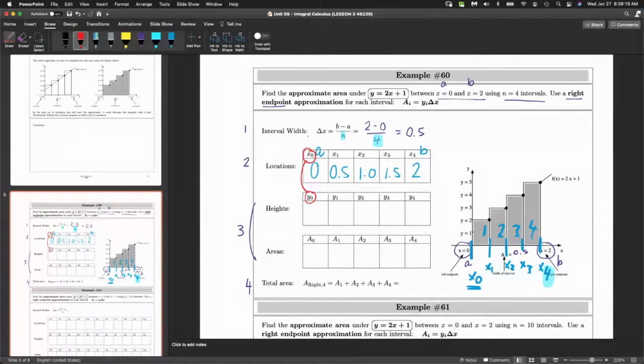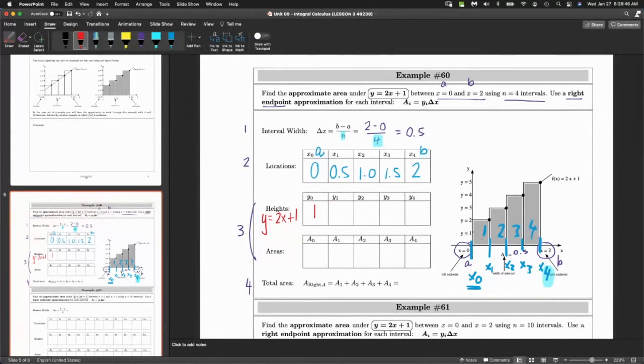Is that anywhere in the question? Thank you, Jai. It's right here. So if you want to find the height, it's just the formula in the question. It's y equals 2x plus 1. So what you're going to do is take 0 and plug it in here. If you plug in 0 here, what's the y value? Thank you.